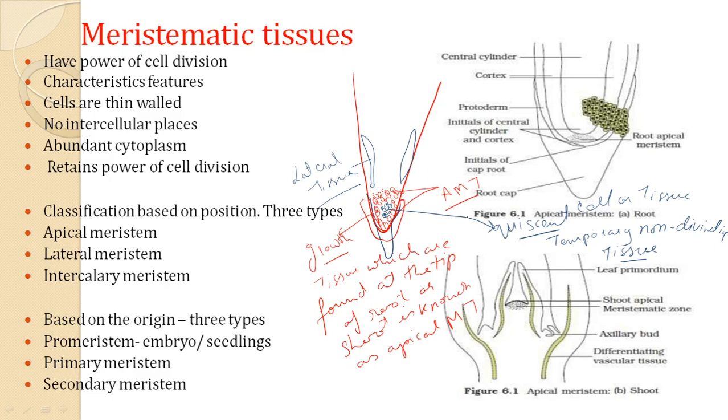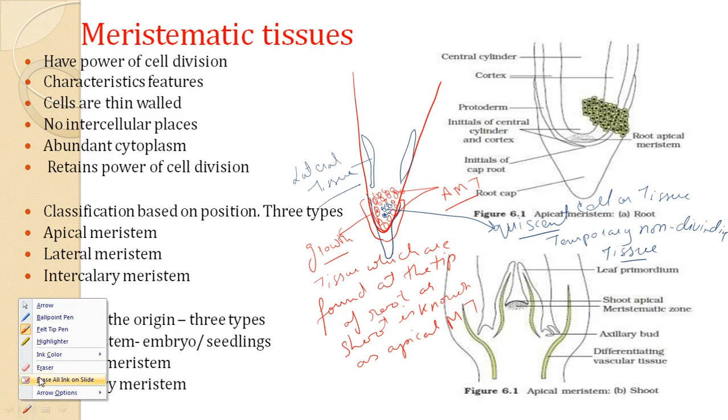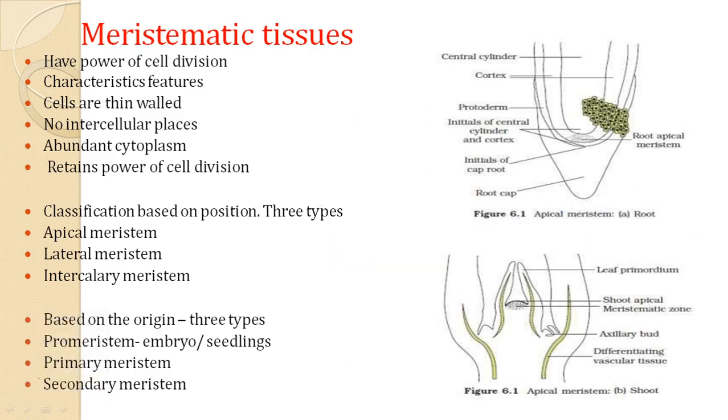This is always seen in the root system, but in the shoot system there is something different from the root. What is it in the shoot system? Let's suppose I just take a stem over here. This is a stem. From the stem, other branches grow. In between the branches you find a bud taking place.